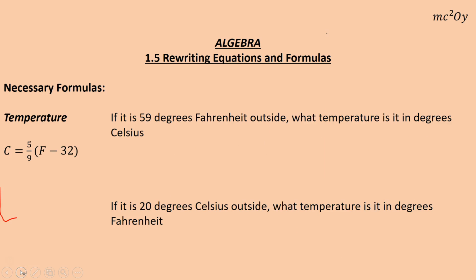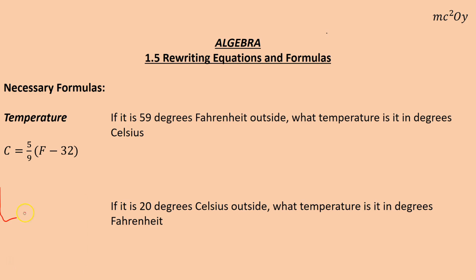Some formulas, Celsius and Fahrenheit. This is a formula you'll see in this section. Celsius equals 5/9 times F minus 32. If you know the Fahrenheit temperature and you want to find the Celsius temperature, I use a lot of estimation. For instance, it's 59 degrees Fahrenheit outside, and I want to know what that is in Celsius.